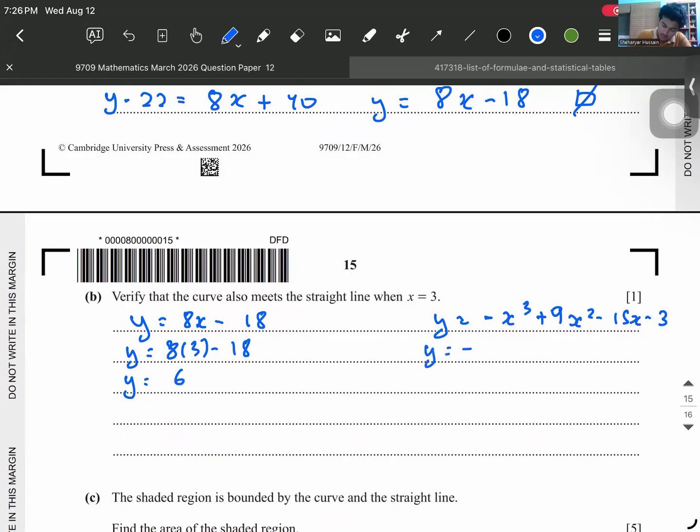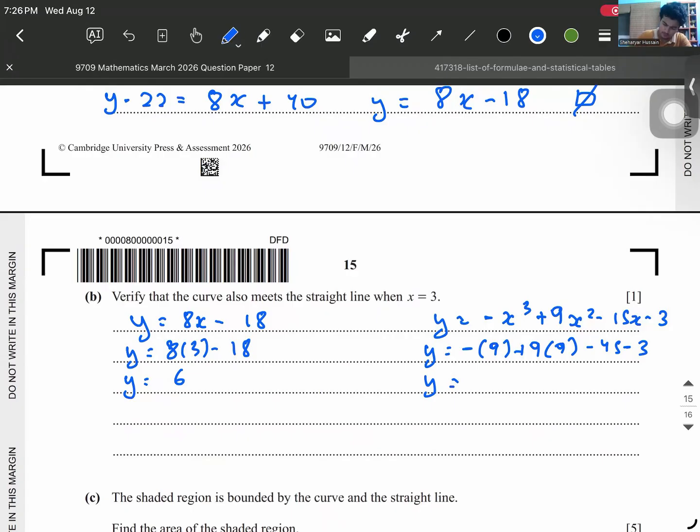And once we input this into the curve, negative 3 cube is negative 9, plus 9 into 3 square, 9 times 9 is 81, minus 15 into 3 is 45, minus 3. Y turns out to be negative 9 plus 81 minus 45 minus 3.